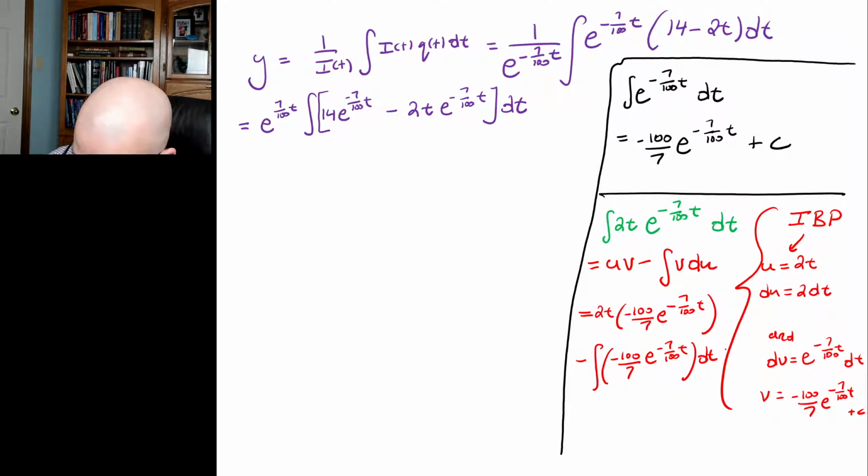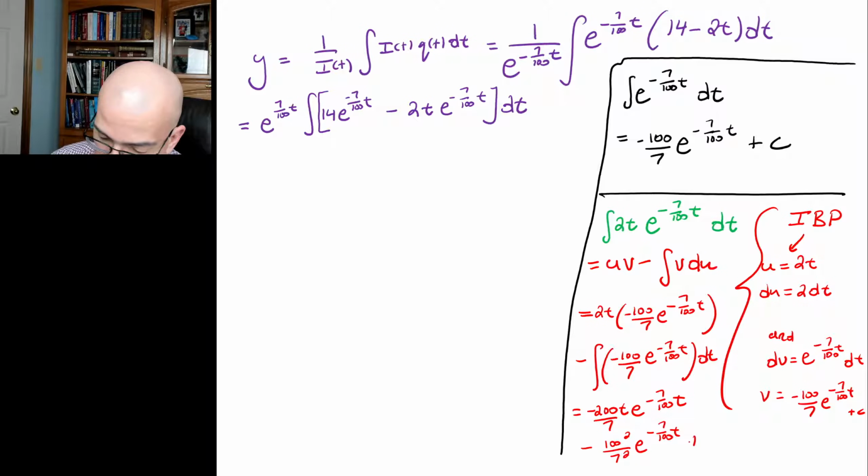And then we can clean this up a little bit. We get negative 200 over 7 times t times e to the negative 7 over 100 t, and then minus 100 squared over 7 squared e to the negative 7 over 100 t plus c.